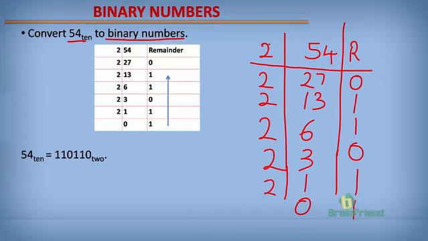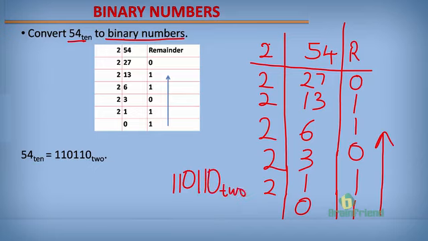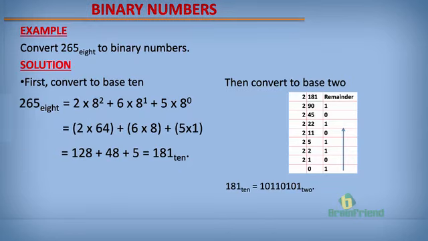The remainder is 1. So in binary numbers, as per usual, we read from the bottom to the top. So this is 1, 1, 0, 1, 1, 0 in base 2, which is what we have here. So 54 base 10 is equal to 110110.